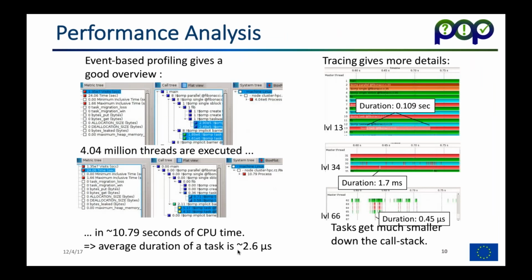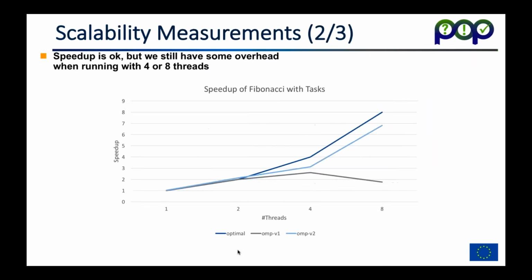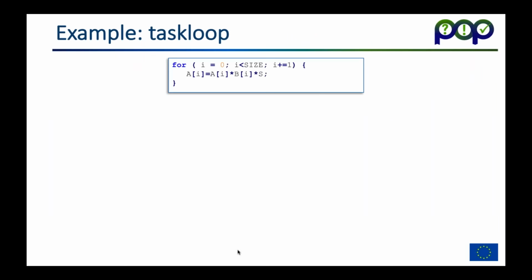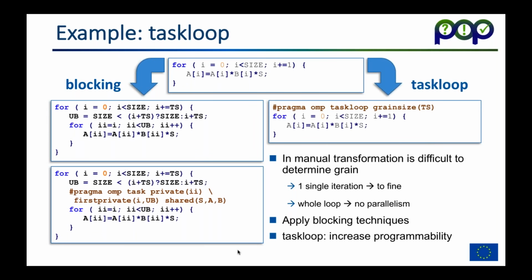Good. So there's a question: how is a taskloop an improvement over parallel for? Let me go to that particular slide here. Okay. If you have a single loop with a set of iterations, and you know the number of iterations, and you know they all have the same computational cost, and you want a static access pattern, then there's nothing wrong with parallel for, and actually it will give you the best performance.